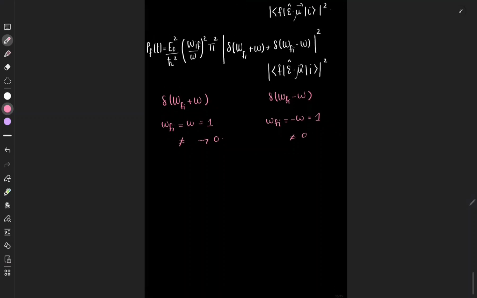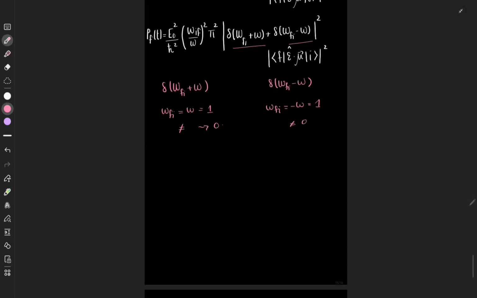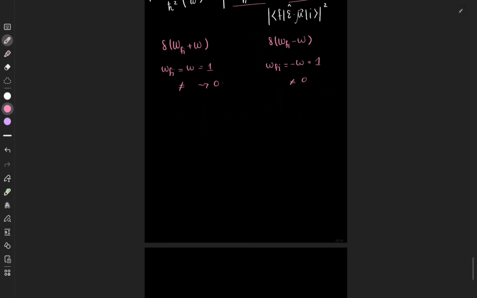So the conclusion here is that these two things cannot exist simultaneously. What that means is that omega fi equal to minus omega is stimulated emission, and positive omega is stimulated absorption.